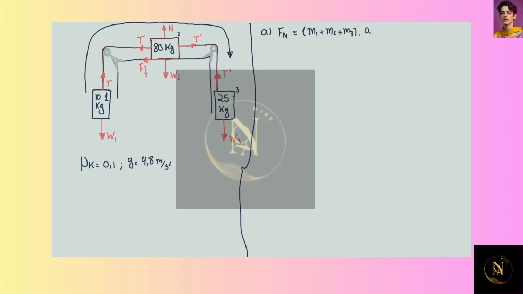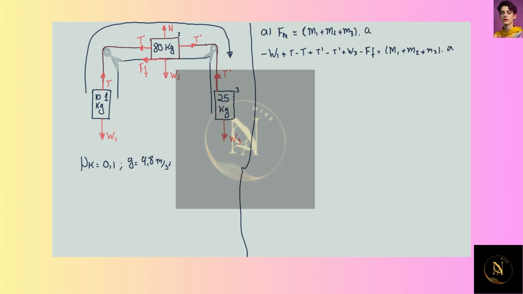Knowing this information, we can write the net force as follows: minus W1, because it goes to the negative direction, plus T, because this tension points to the positive direction, minus T, because that one points to the negative direction, plus T prime, minus T prime, plus W3, and then the frictional force, minus Ff. This equals the total mass of the system, m1 plus m2 plus m3, times a.